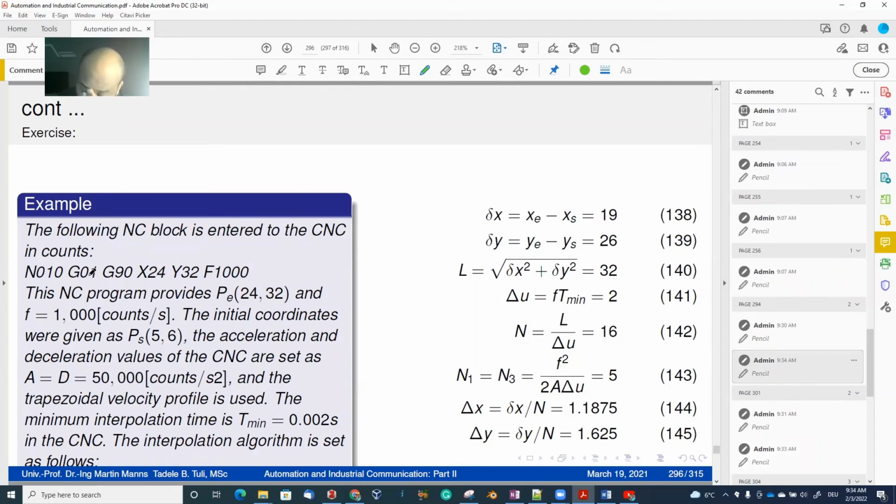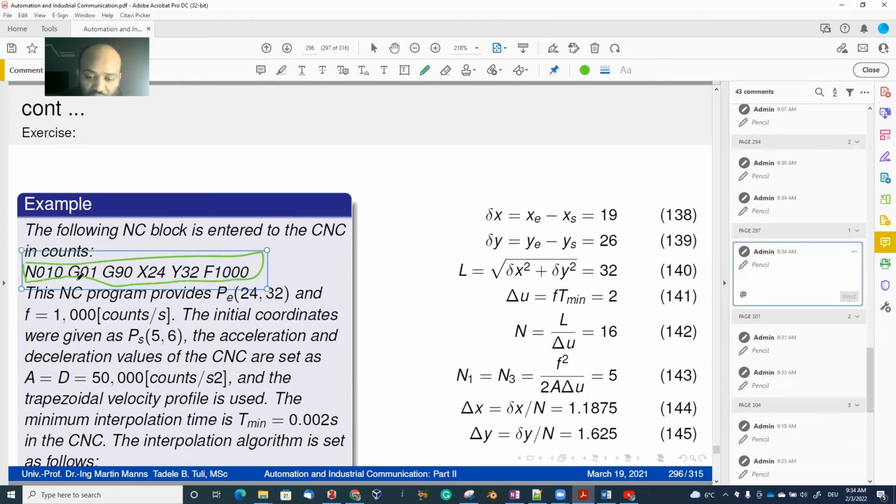Just for exams, you could be asked in different ways. One is you will have a G code, something like this, and then you will be asked to calculate the distance at the tenth iteration.